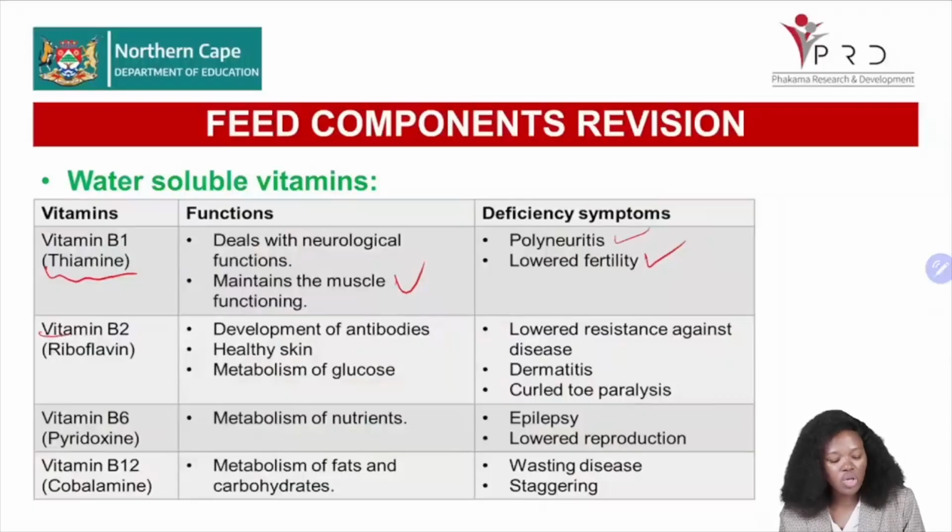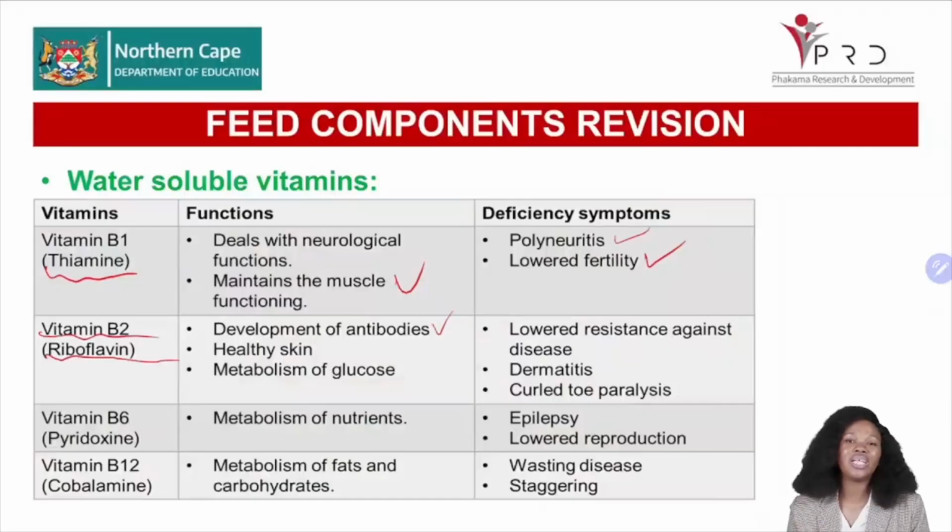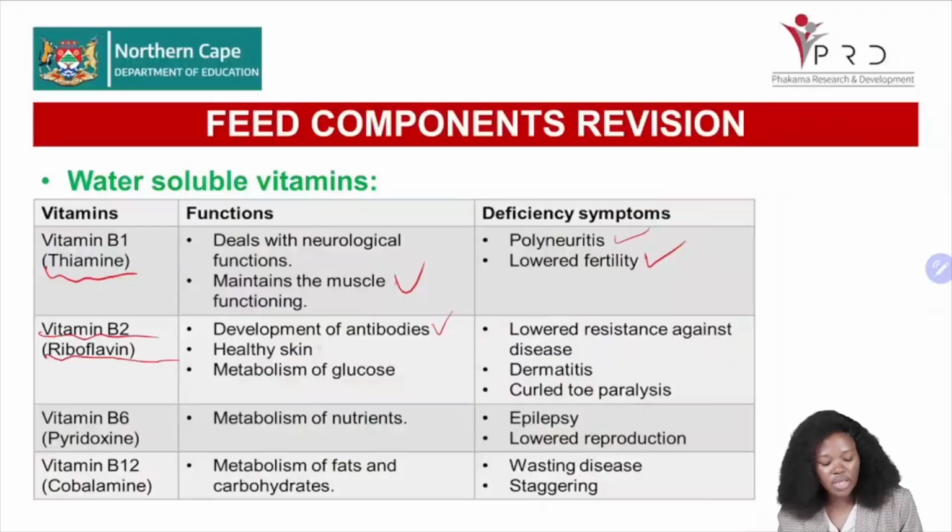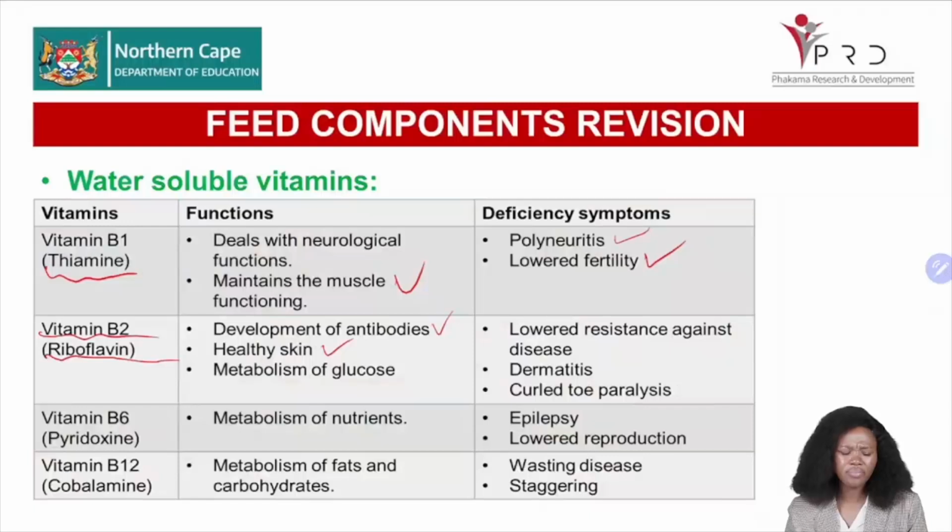Vitamin B2 is also referred to as riboflavin. Now, this riboflavin is responsible for the development of antibodies that are there to boost the immune system so that it will stand against diseases. It also deals with healthy skin.